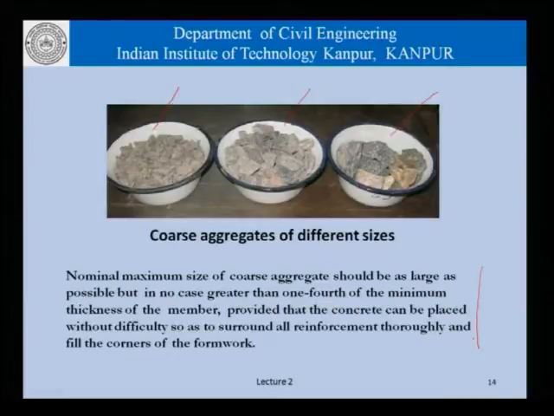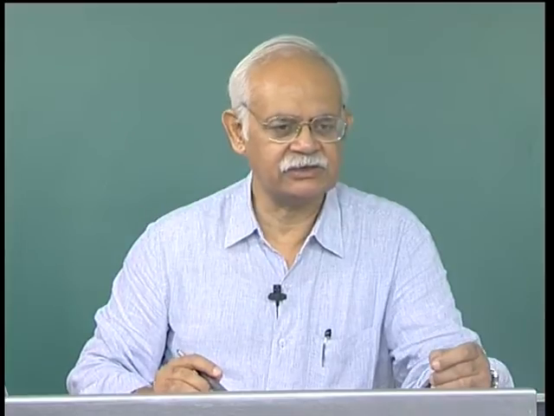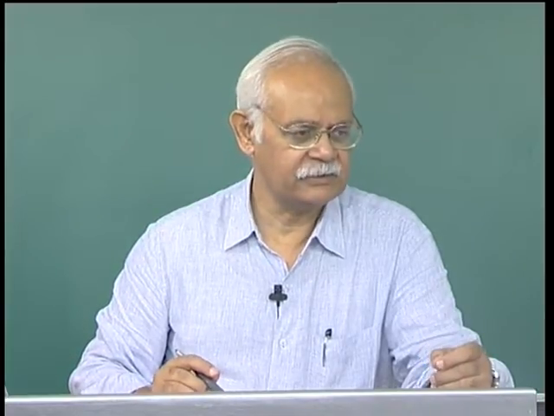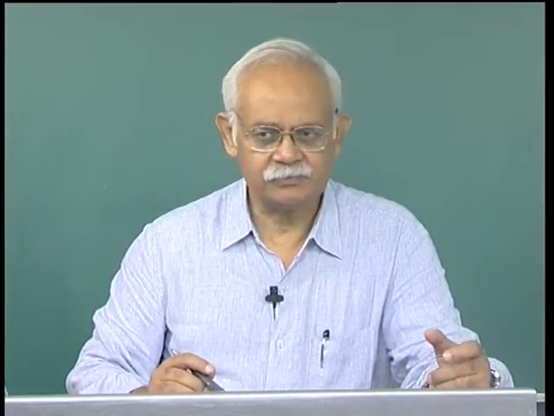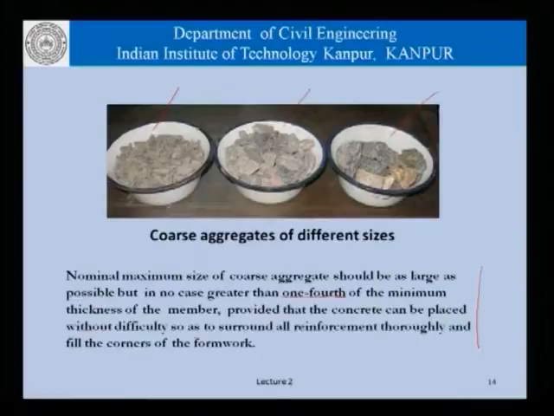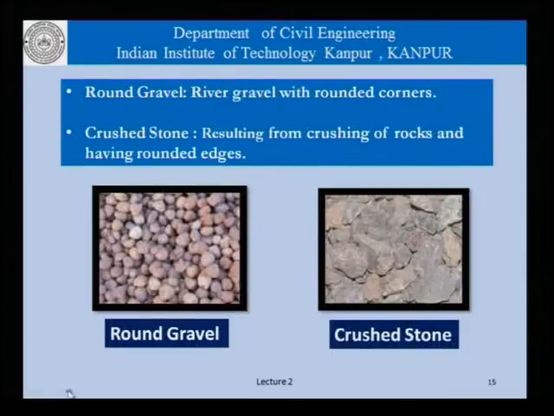We must remember that all these provisions like 1/4 are a matter of convenience, and different codes and specifications give different values. This number 1/4 and the description here is based on Indian specifications. Another property of coarse aggregates we often see is that we use round gravel or crushed stone.